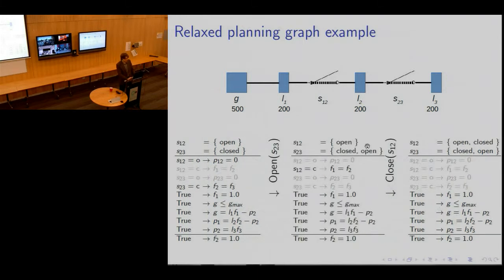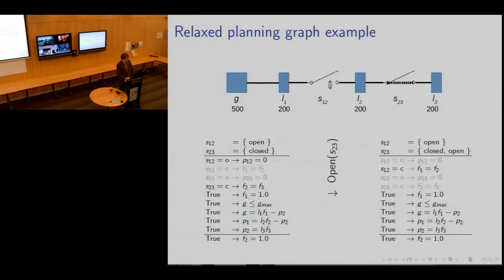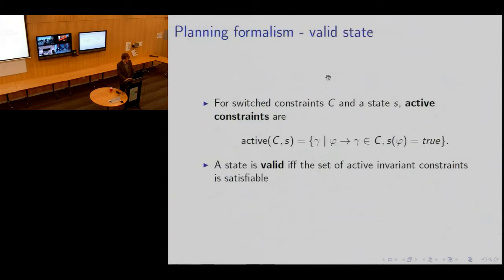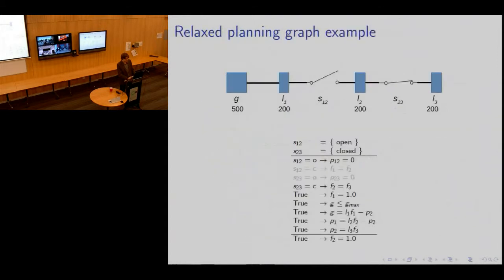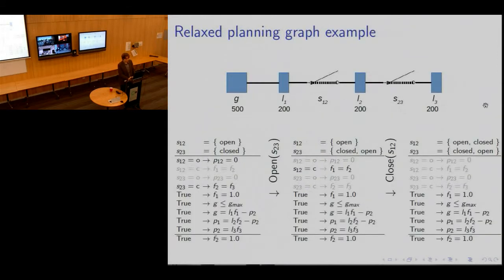We apply another action, which is closing this switch over here. This gets this switch into superposition. So again, this set of possible values grows. This enables us to get rid of another constraint, and that gives us this set which is now satisfied.